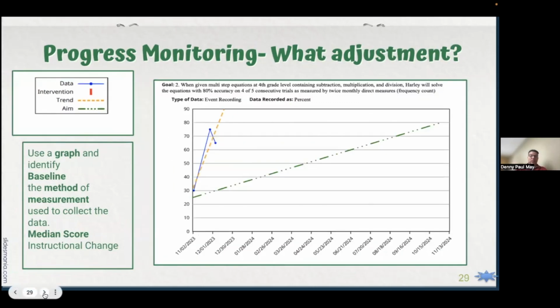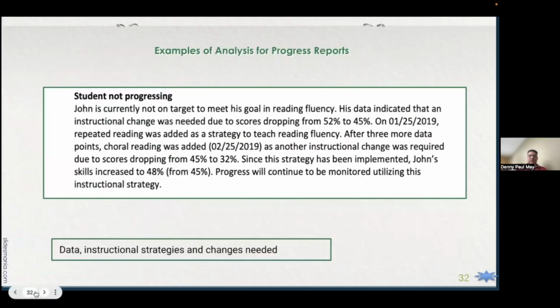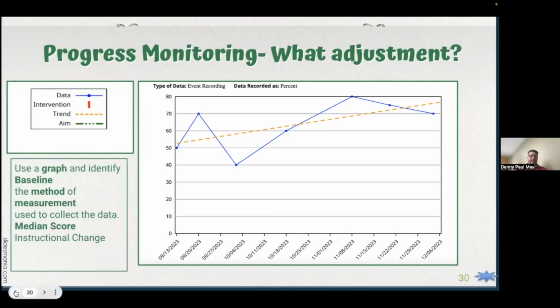Now, I have another one over here, I think, and maybe that was the last one. But I thought I had one where the student was well below the aim line, and you had 3 or 4 data points where the student was well below and trending in the wrong direction.